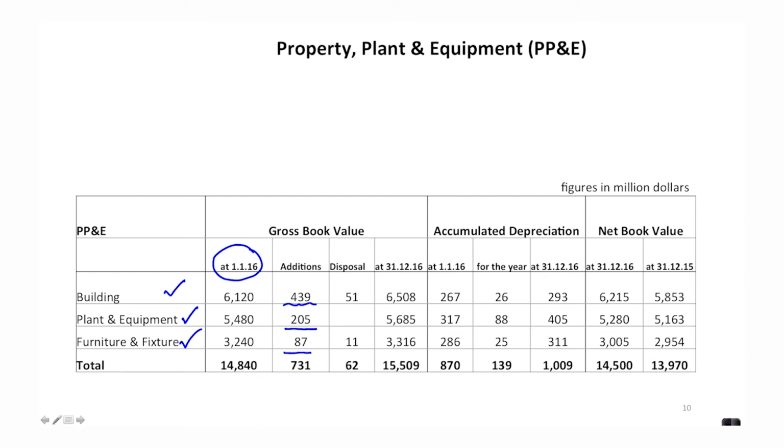During the year, they have also sold a few items. So you have some disposal under building and furniture. The net of all this is also called gross book value, and you find the total of the property, plant and equipment as $15,509 million.